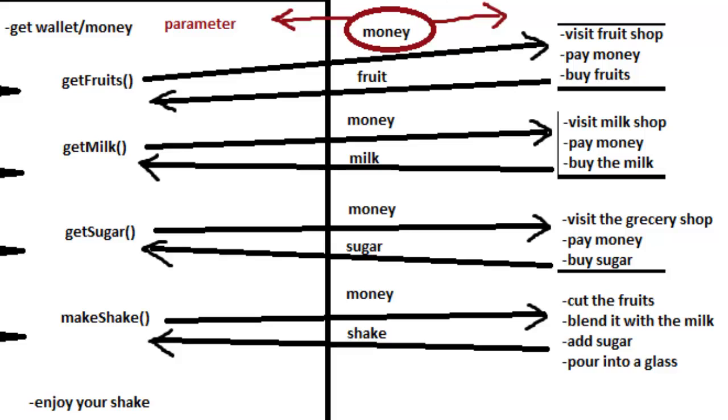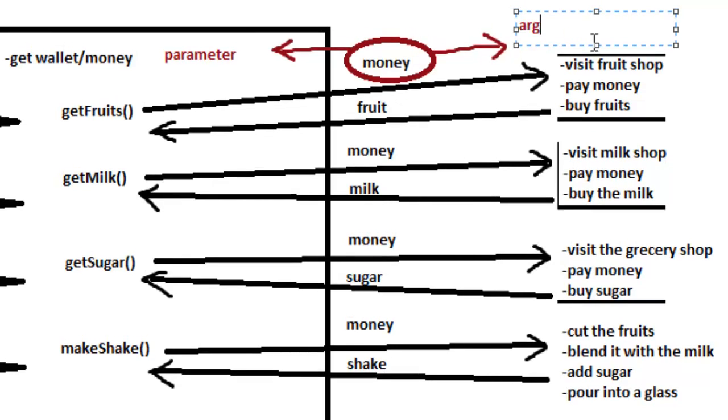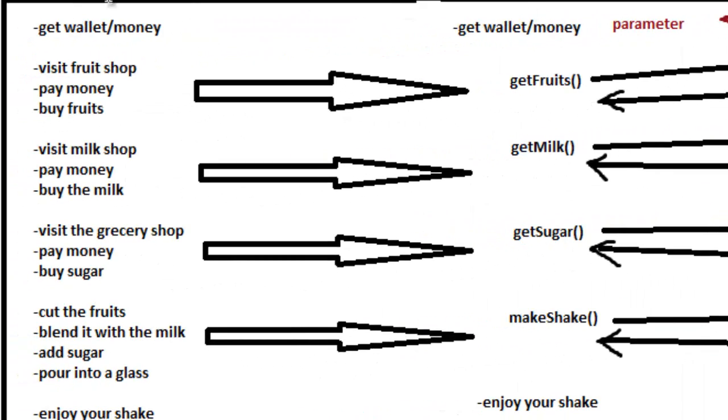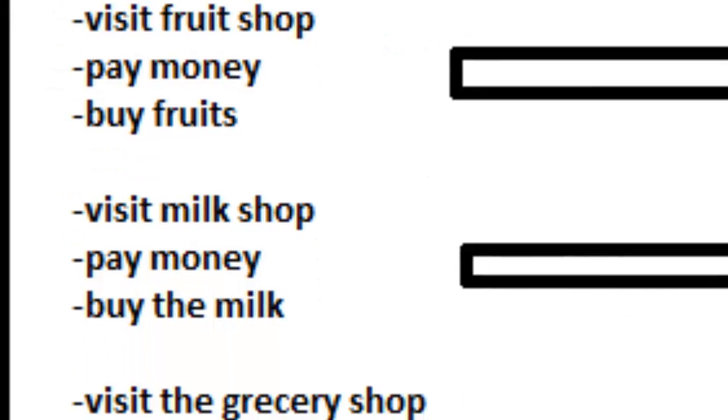And from the side from where we are calling the function, that is called argument. So basically the money that we are providing, if we are providing the money from our main set of codes, so this is our main set of code. Okay, this set of code is the main set of code.